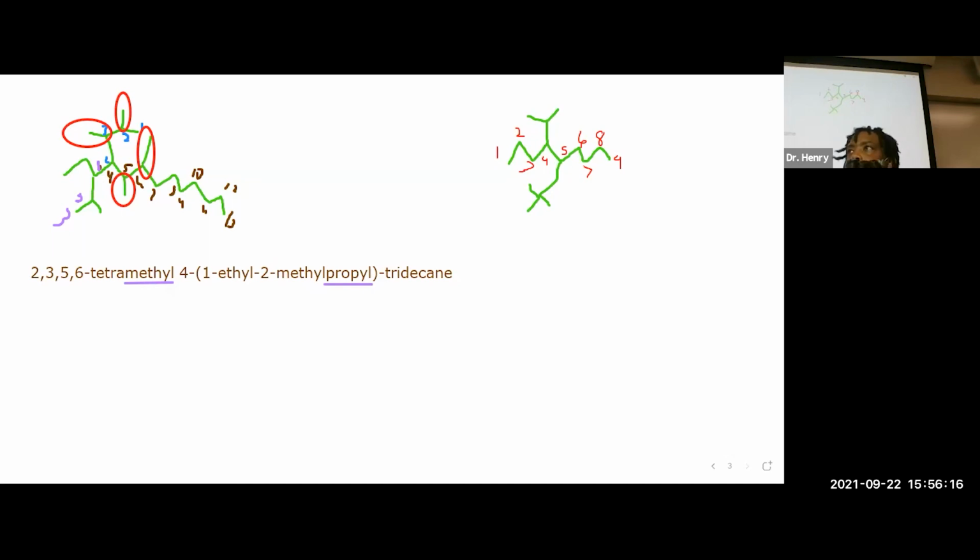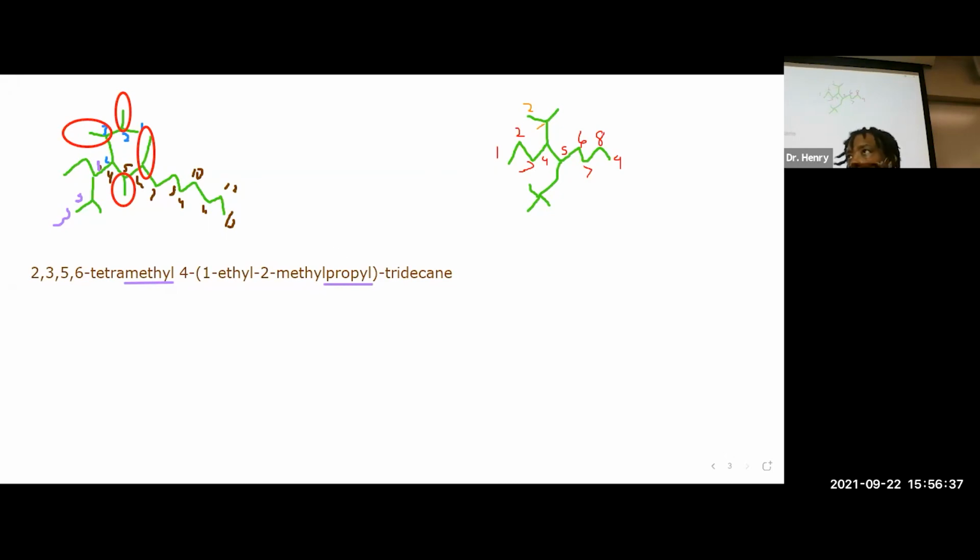Okay. So on the 4th, what is our chain here? Okay. So we have 1, 2. So that's an ethyl. Okay.